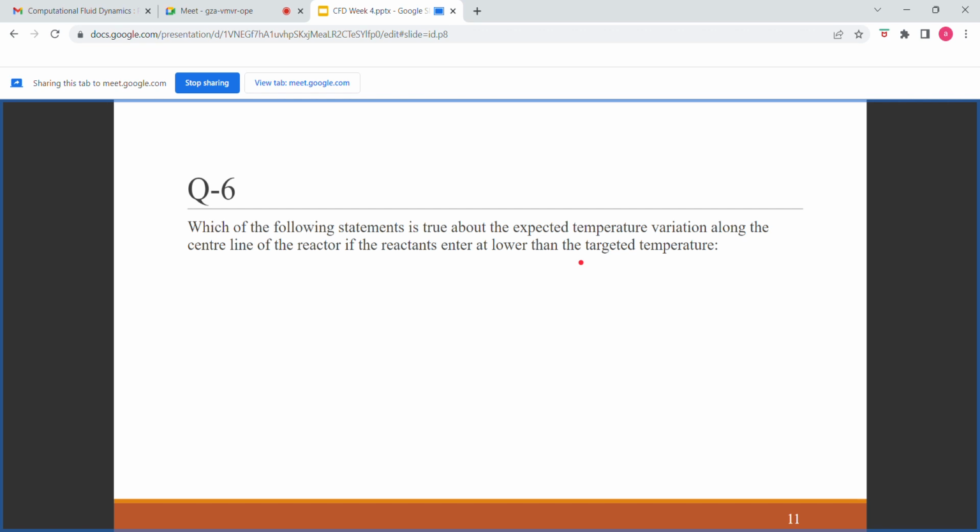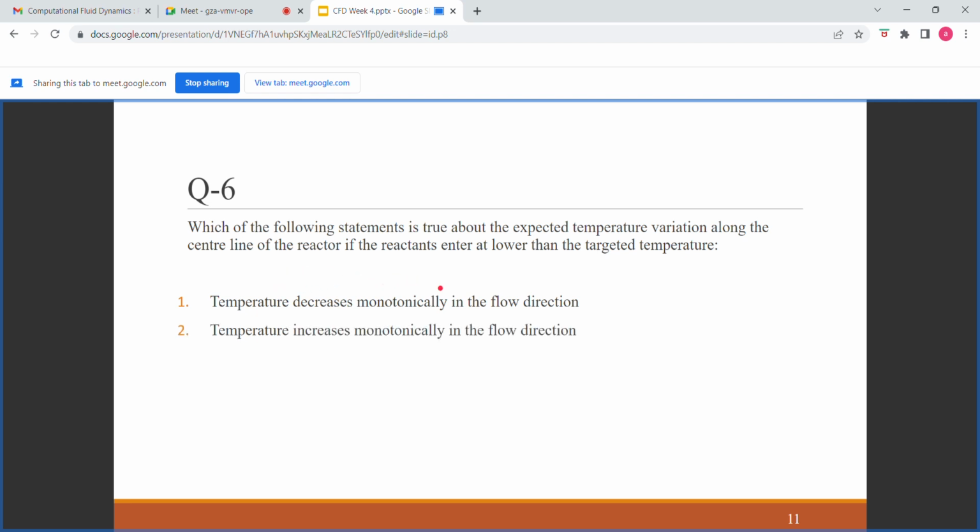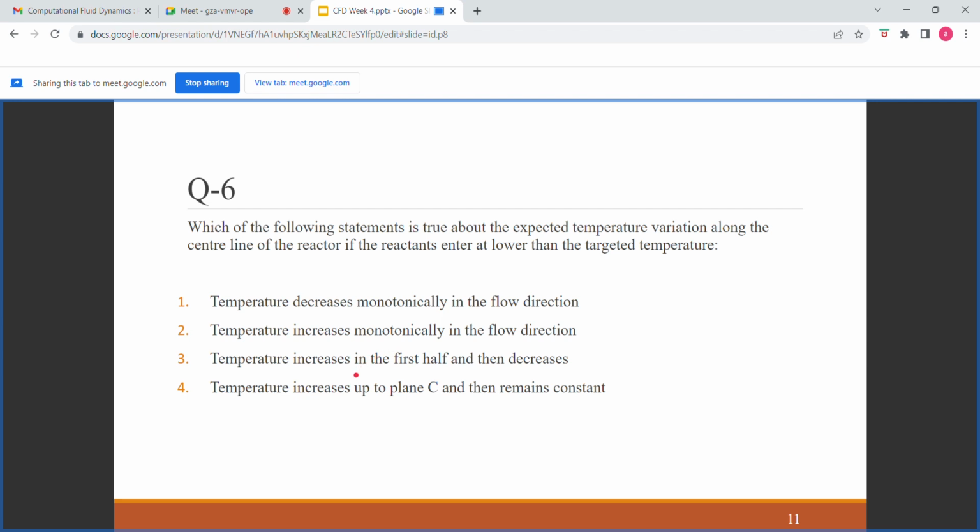So we'll see what are all the options available. The first one, temperature decreases monotonically in the flow direction. In the second option, temperature increases monotonically in the flow direction. Then, temperature increases in the first half and then decreases. And temperature increases up to plane C and then remains constant.